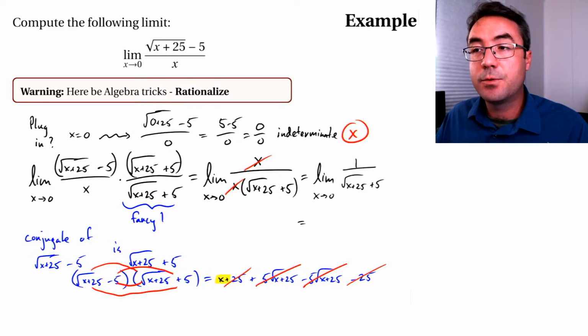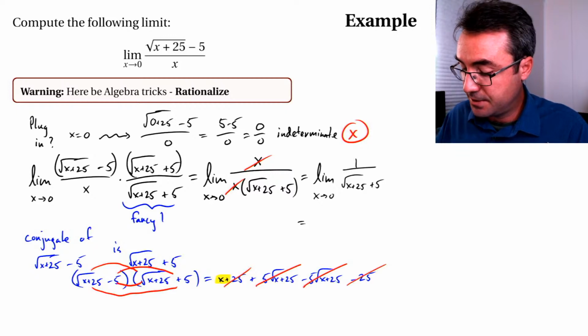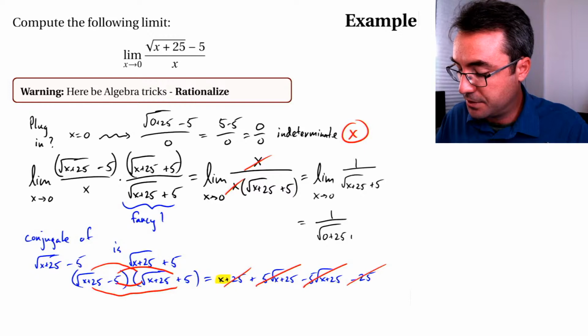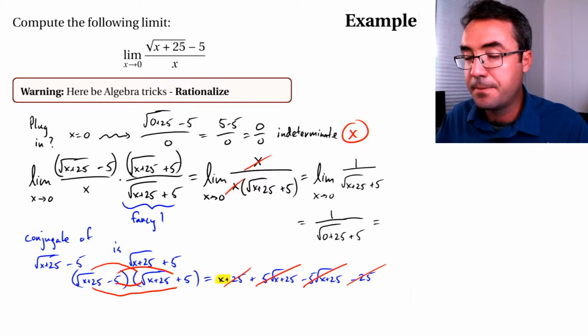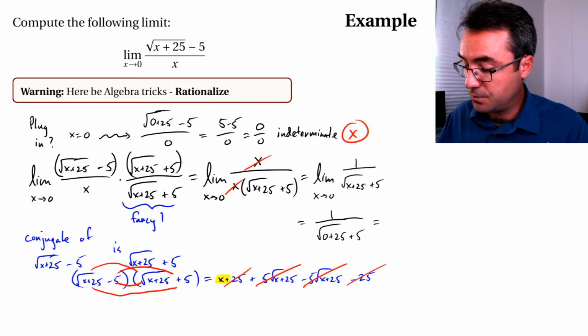So when we plug in, we're plugging in 0 for x. We get 1 over the square root of 0 plus 25 plus 5, all in the denominator, which ends up simplifying to just 1 over 10.